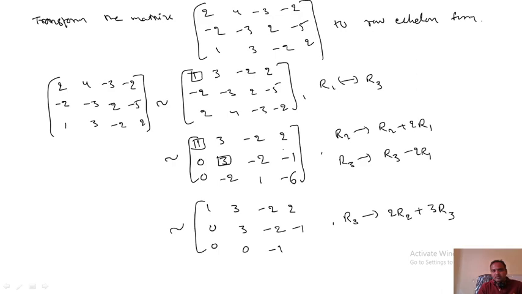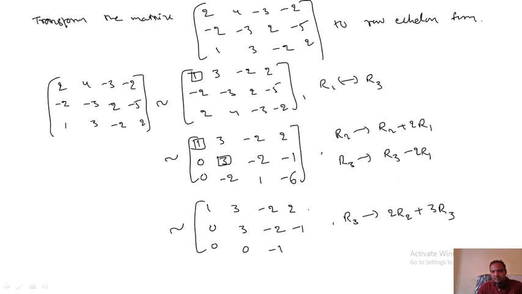Sorry, this is 3. Okay, see, for R3: -6 minus 2, -3 plus 4 is 1, and -6 in this one. Here, -2 plus... -4, -6.